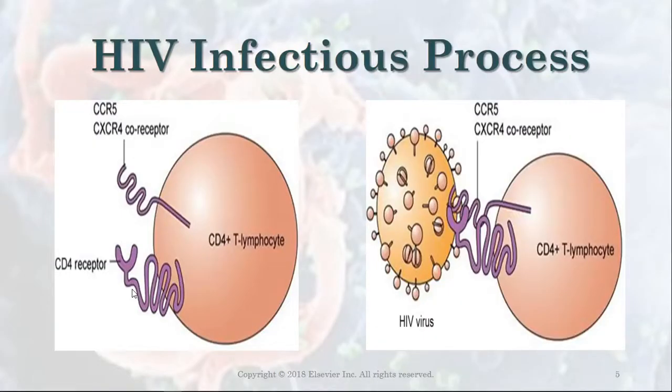Now we'll go over the HIV infectious process. Your CD4 T lymphocytes have receptors along the cell membrane: your CCR5 or CXCR4 co-receptor, and your CD4 receptor. With the HIV virus, what actually happens is it binds with those receptors.